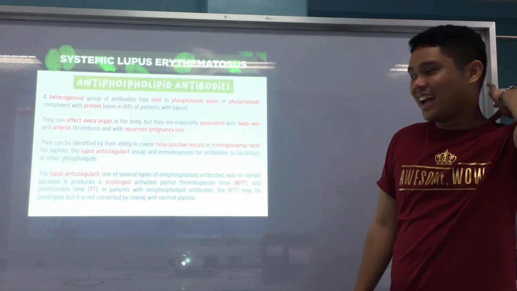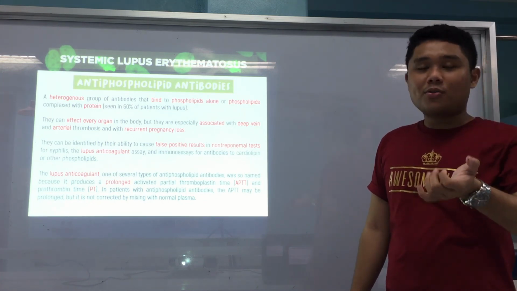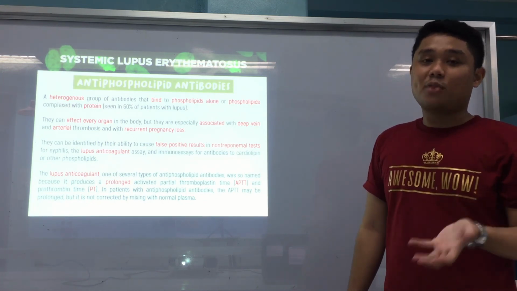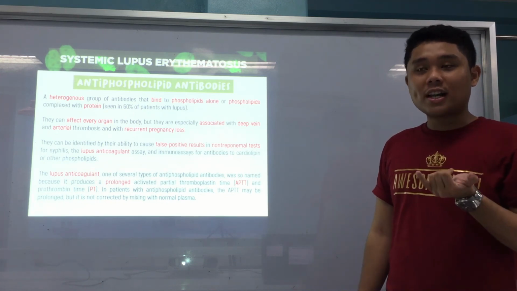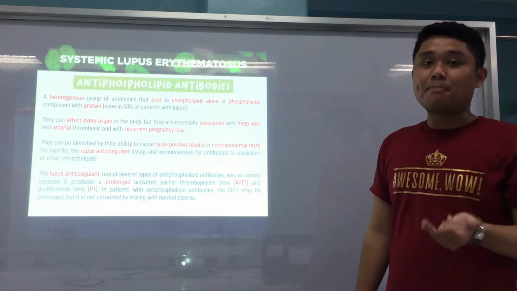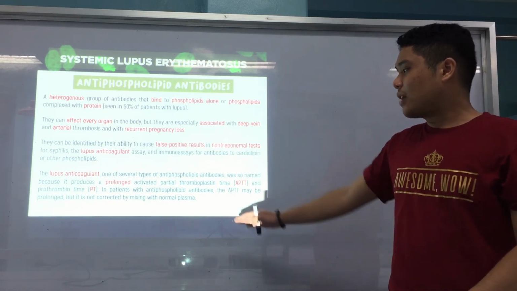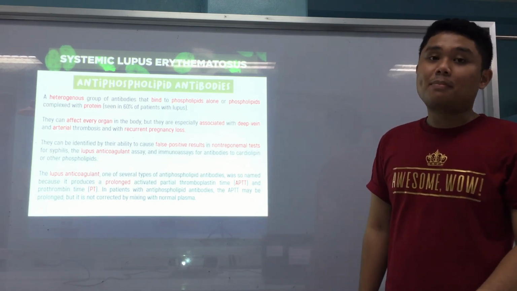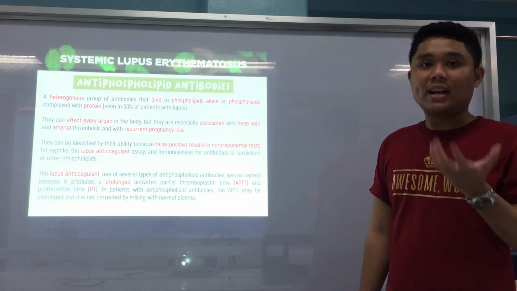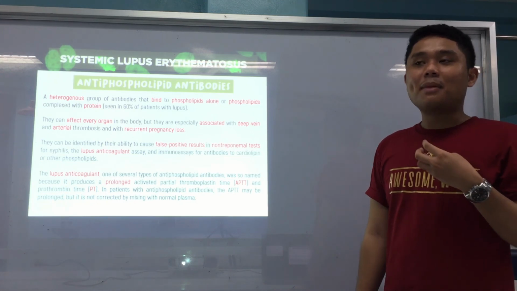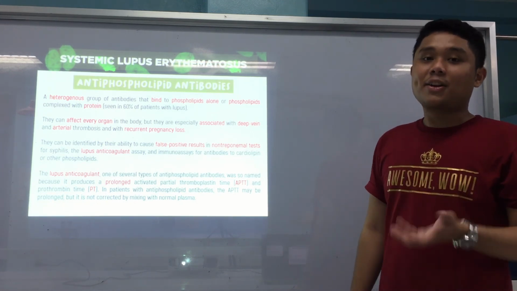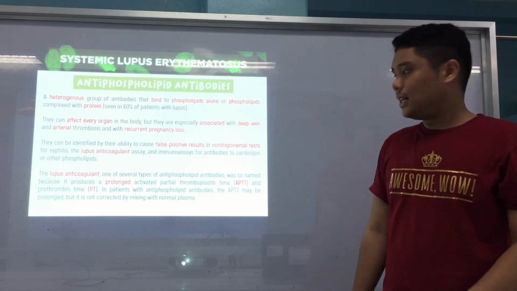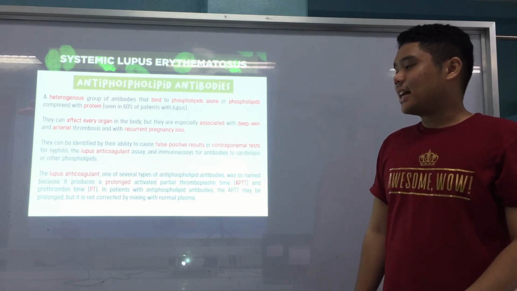Hopefully. Lupus anticoagulant is a type of antiphospholipid antibody, and it can cause prolonged PT and prolonged APTT, alright? And it cannot be corrected using normal plasma, so it means that it's really there. And it can affect your coagulation tests, prolonged PT and APTT.